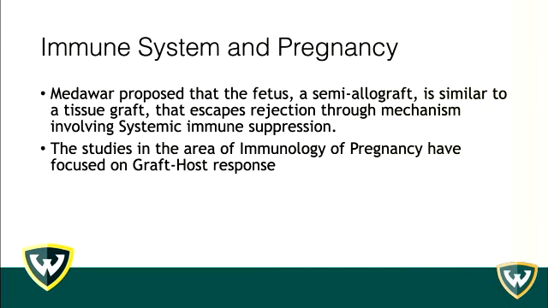So Medawar, when working on this concept of transplantation, proposed that a natural example of transplantation is pregnancy. In his hypothesis, the fetus, a semi-allograft, as I indicated before, escapes rejection through mechanisms that involve systemic immune suppression.